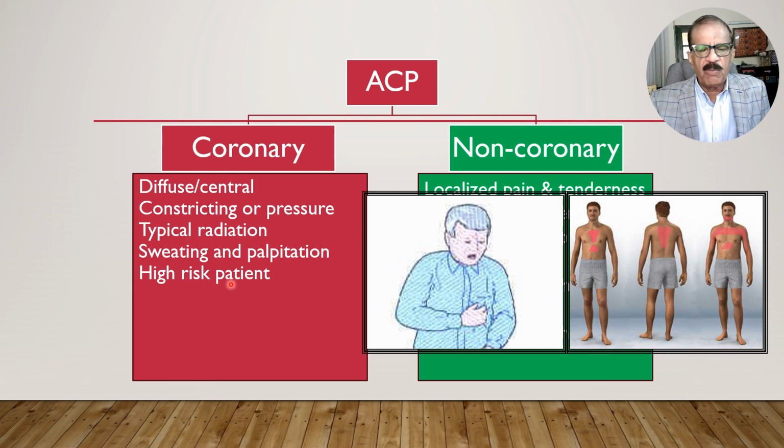High risk patient means somebody who is already a known case of coronary artery disease, somebody who is a smoker, diabetic, hyperlipidemic, obese, or who has a family history of ischemic heart disease. All these patients are high risk patients. Even moderately suggestive symptoms should be investigated. But if the patient is a low risk patient and the symptoms are not typical, then maybe you can just reassure the patient and send him home.